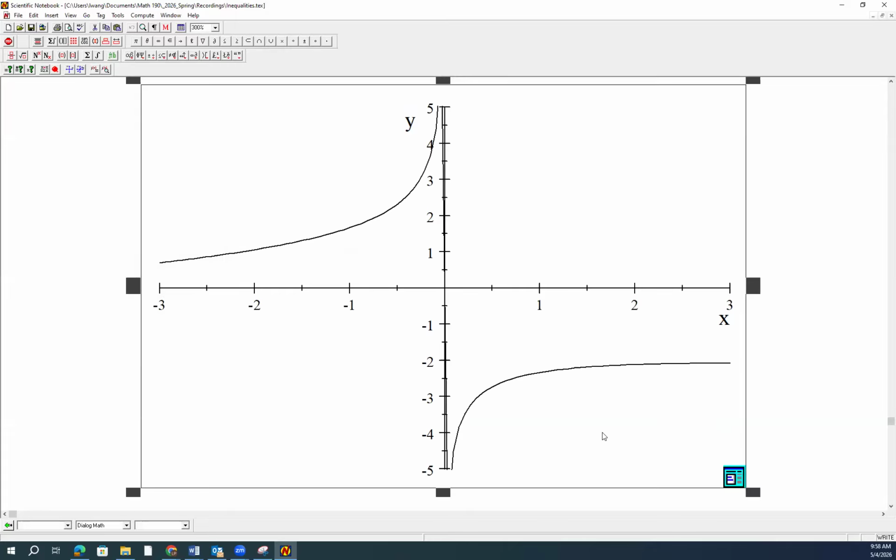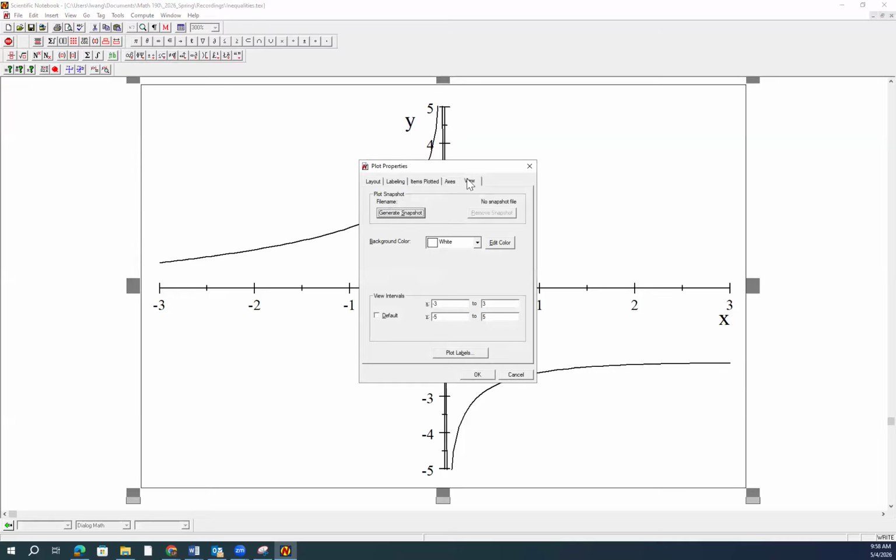Okay. It's not a very good picture. So, hold on. We are going to make it say -10, +10.